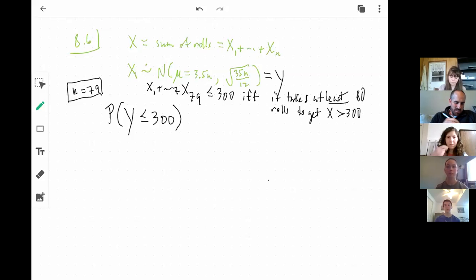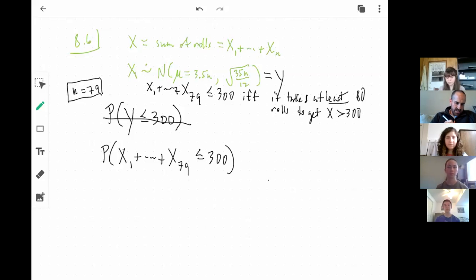So yes, this is exactly the probability that you want. So really what you want is the probability that X1 plus dot dot dot plus X79 is less than or equal to 300, right?